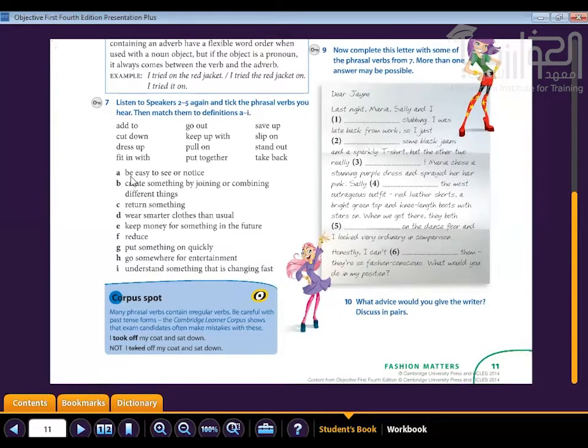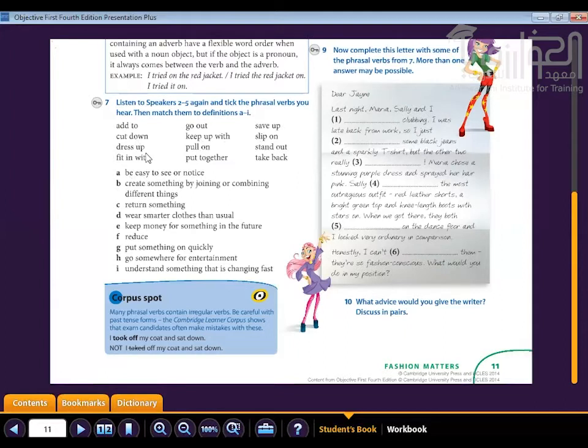This is the definition. So if we say, for instance, be easy to see or notice, which one is be easy to see or notice? Which of these phrasal verbs here is be easy to see or notice? Yes.